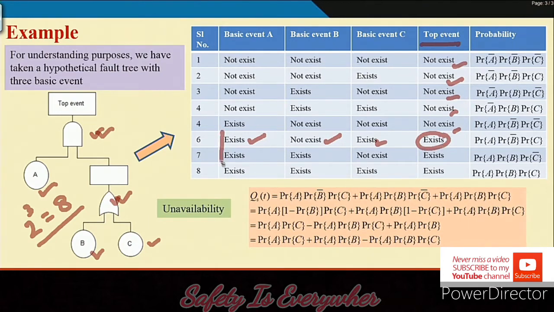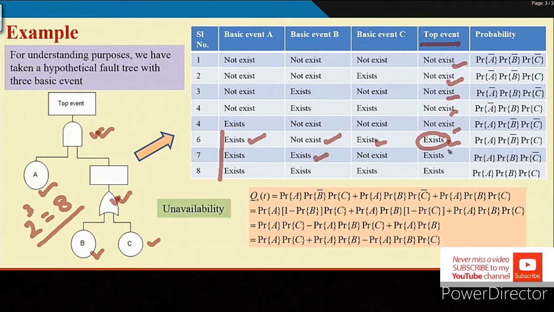So you see those three conditions when A exists, this is a must because of the AND gate. Now either B or C or both must occur. Here C exists, that's why the top event exists. Here B exists, that's why the top event exists. Here A, B and C all exist, that's why the top event exists. So this is the combination.